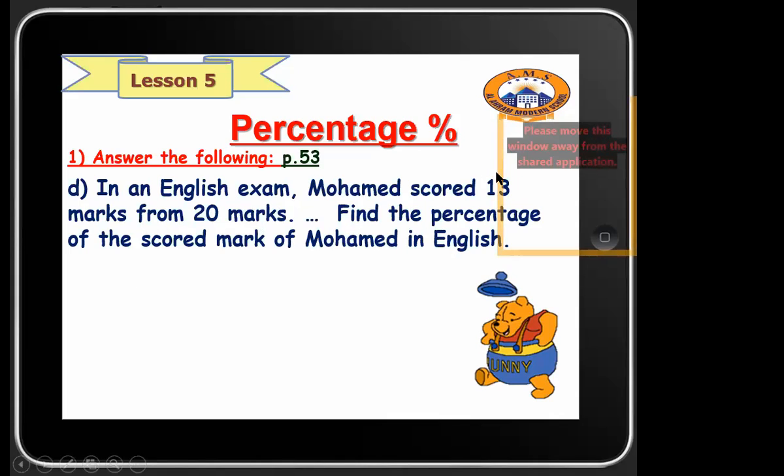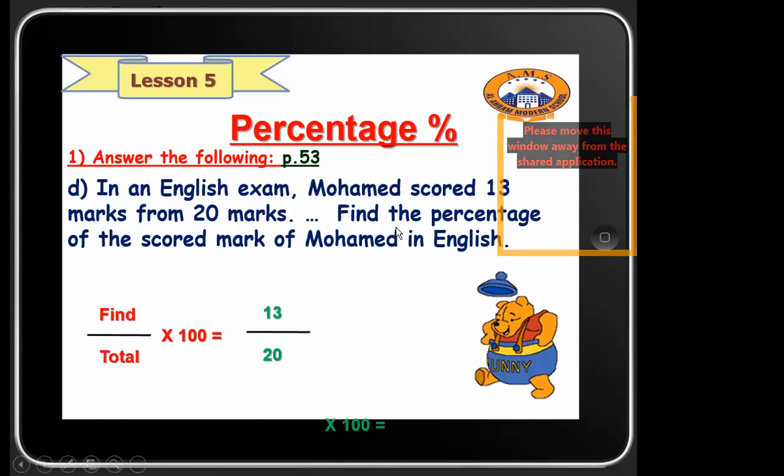So here I have 13, the one he wants you to calculate the percentage of, and the total here is 20. So I'm going to write what he wants me to find over the total, and because I want to change it to a percentage, I'm going to multiply it by 100 as usual.